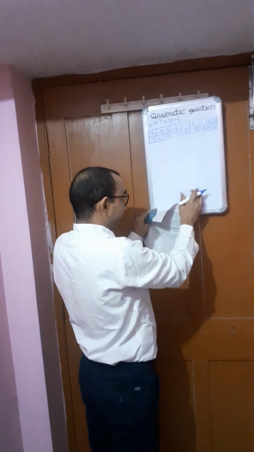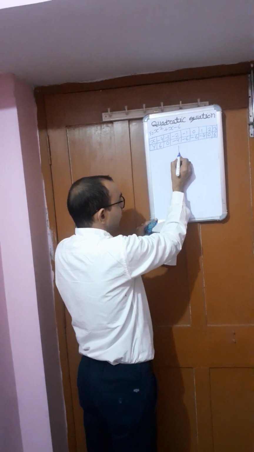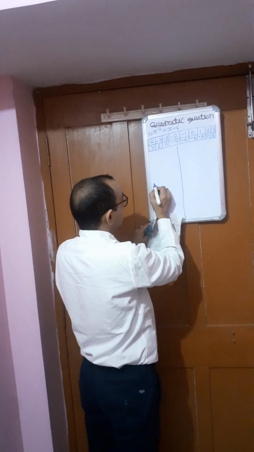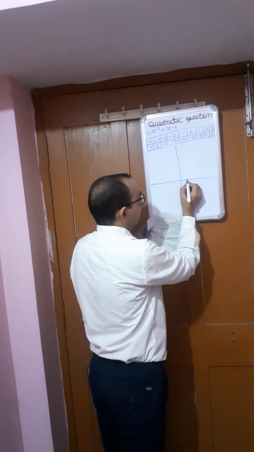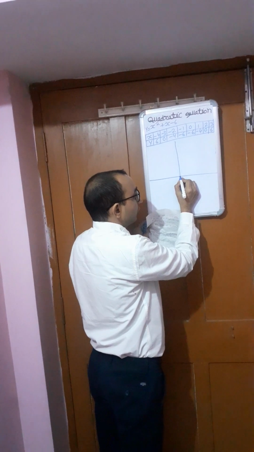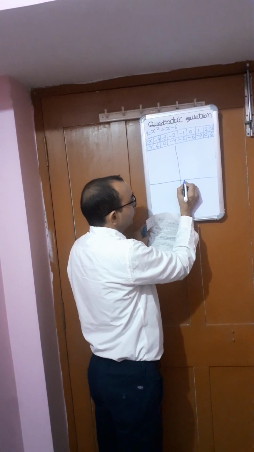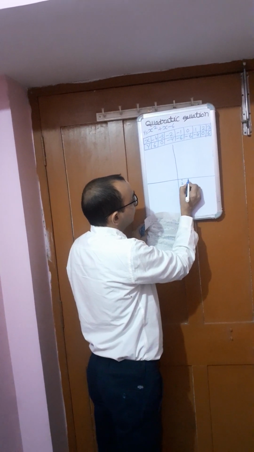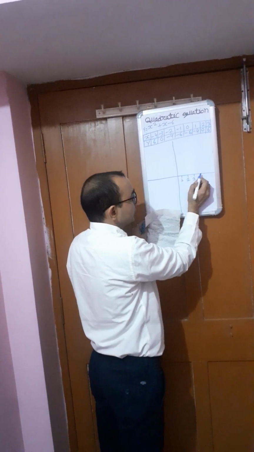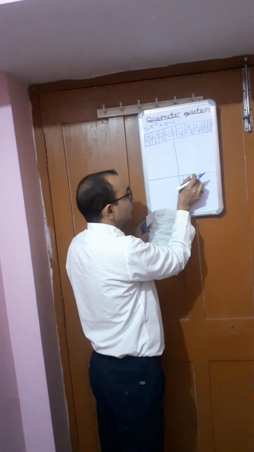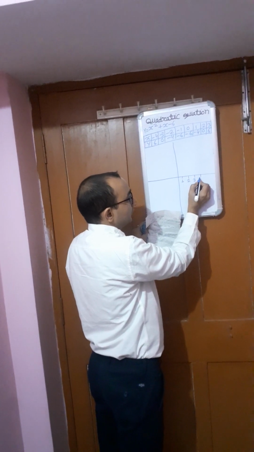Okay, so we have to draw the y axis and the x axis. This is the origin, means 0, 0, then 1, 2, 3, 4. The distance between 1, 2, 3, 4 should be equal.